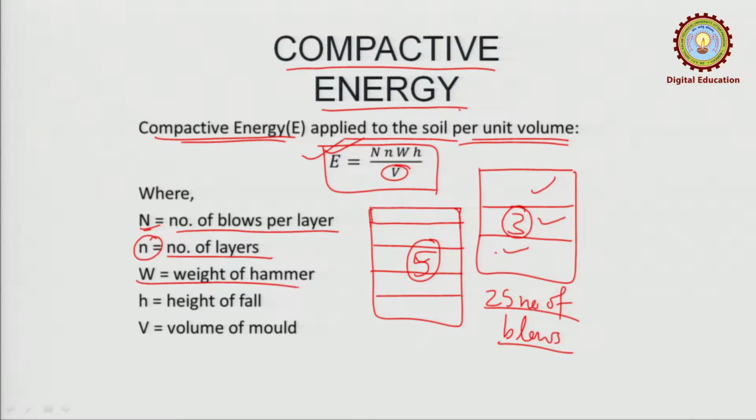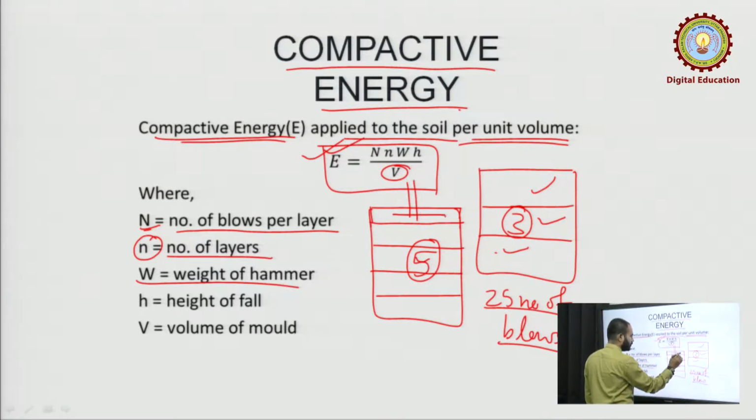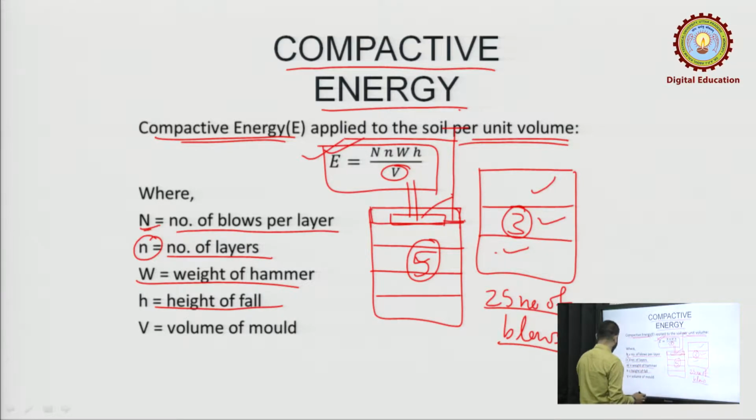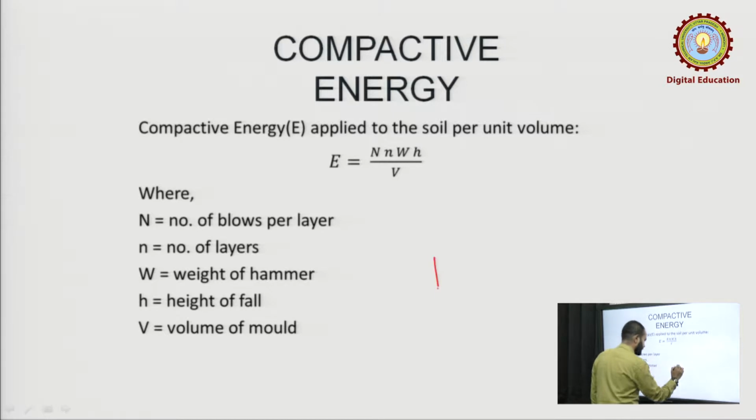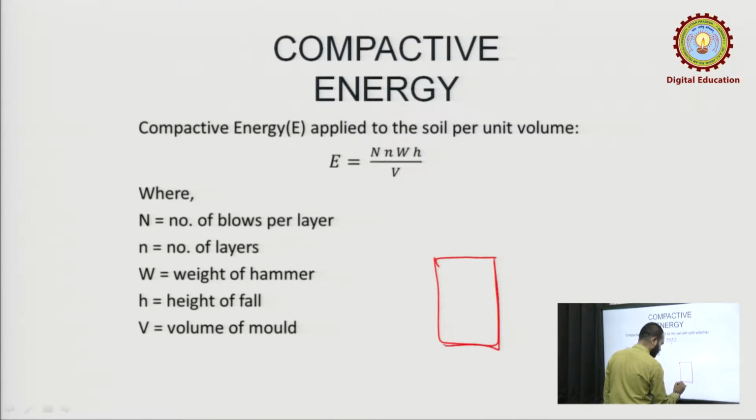Then the weight of the hammer, which is the weight of the hammer giving the blow to the soil, and the height of fall, how much height of fall there is. Then the volume of the mold, the volume of this mold. This is the hammer itself, and this is the soil.